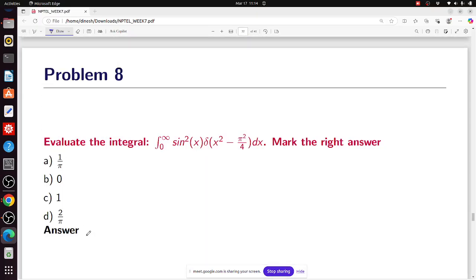Coming to the next problem, evaluate the integral from 0 to infinity of sine square x delta of (x square minus pi square by 4).